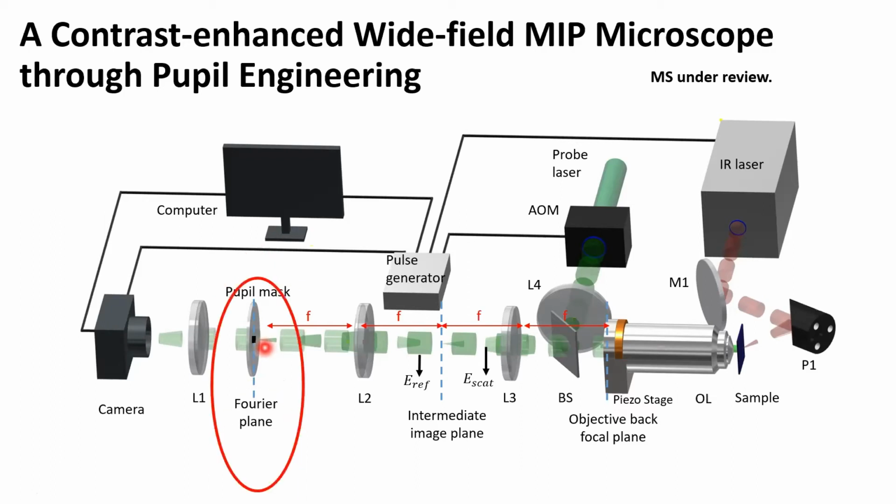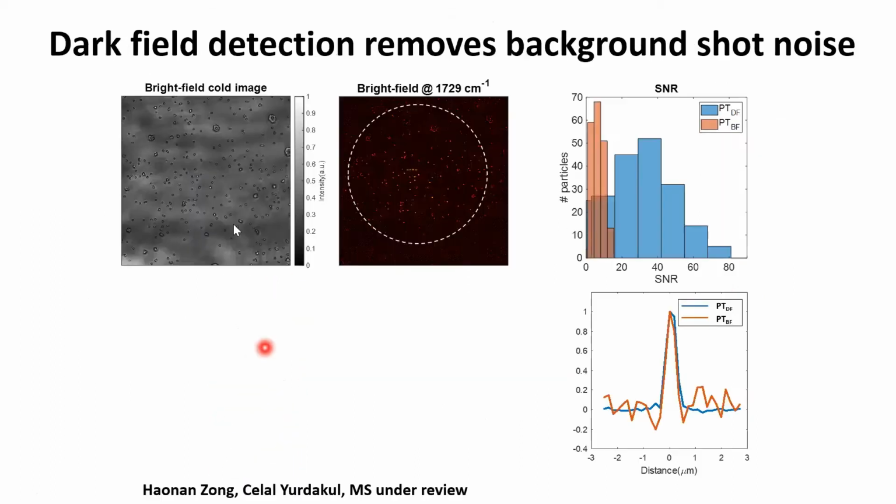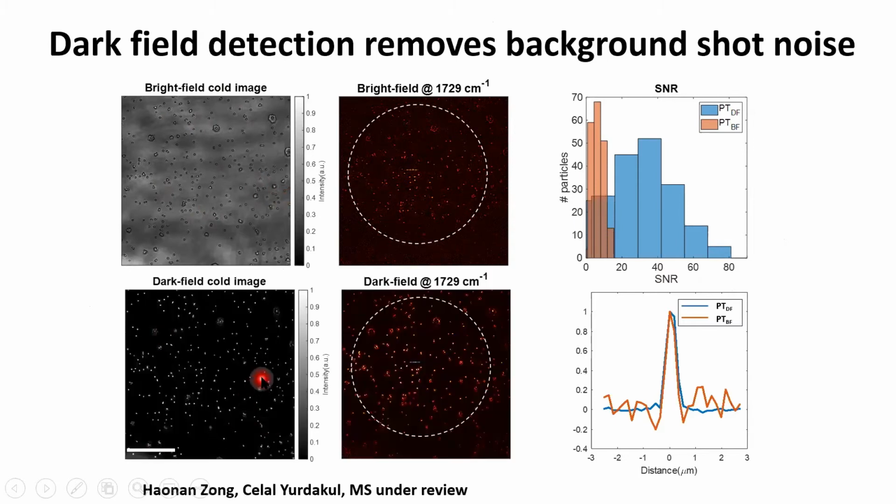I can show you here that in bright field, the cold image, you have the particles, but there is a lot of reflection from the substrate. These reflected photons bring shot noise to the image, right? But if you use dark field, you remove that, and now the contrast or signal ratio is much better. This allows us to do single particle analysis with much improved chemical contrast.